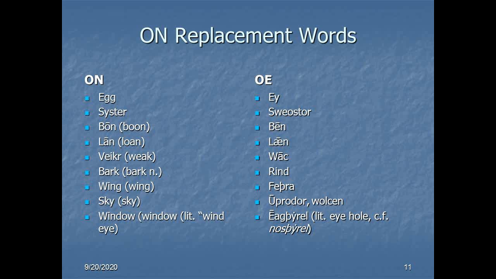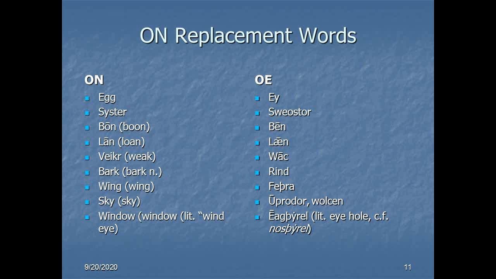So we have, for example, wing, coming from Old Norse vængr, which replaces the Old English feathra. Now, we've kept feathra. It simply means feather. It has a reduced meaning, but that's something else I want to talk about probably next week. Other very common things, like, for example, sky.